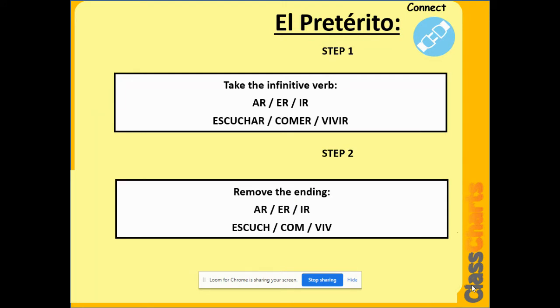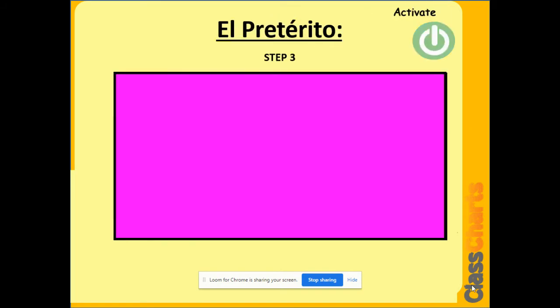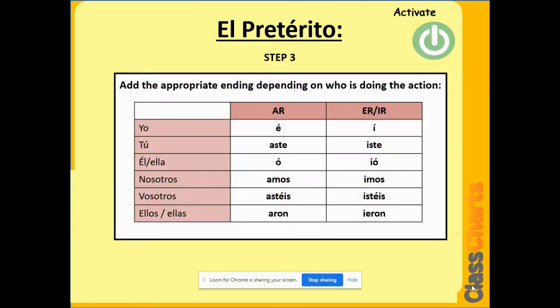Okay, so we're going to have a quick look at the endings, and we have to add the appropriate ending depending on who is doing the action and the verb ending in its infinitive. So for AR verbs, for example, hablar, we chop the AR and we add those endings depending on who is doing the action. For the yo, which means I, we'll put é, so hablar will become hablé, I spoke.